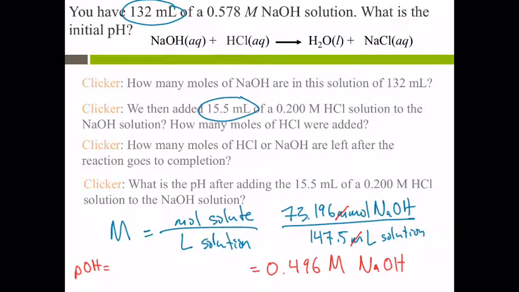So negative log of that answer is 0.304, and then we do 14 minus that answer in order to find that the pH is 13.696. That is how we find the pH of a solution after it has had some neutralization occur.